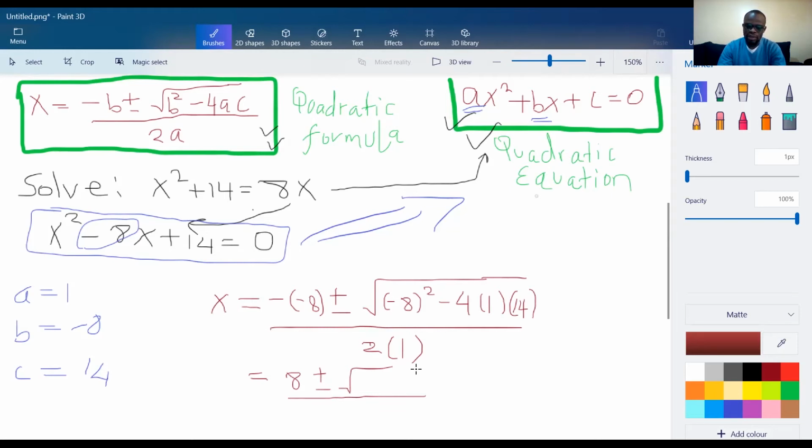Let me show you what I'm talking about. In my calculator, I'll just type the exact thing the way it looks. So negative 8 squared minus 4 into 1 into 14. I'll end up with an 8 under the root, all over 2, because 2 times 1 is just 2.